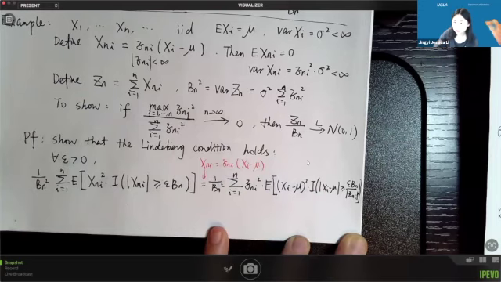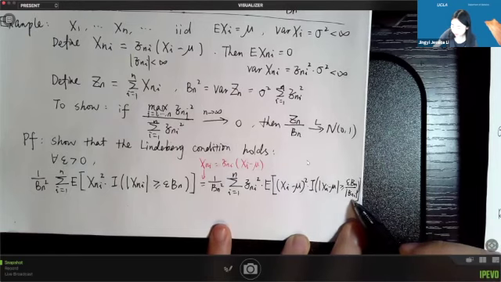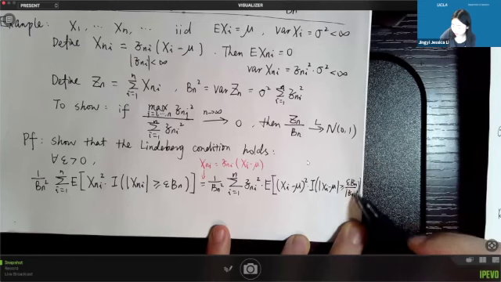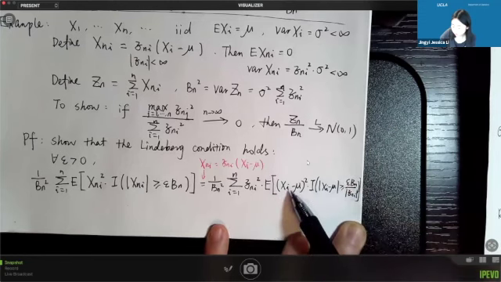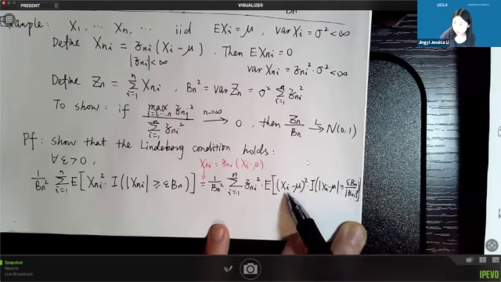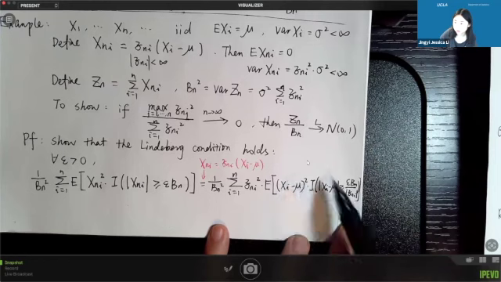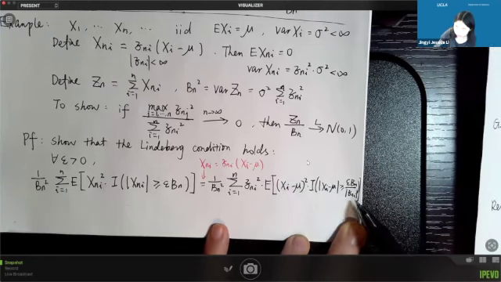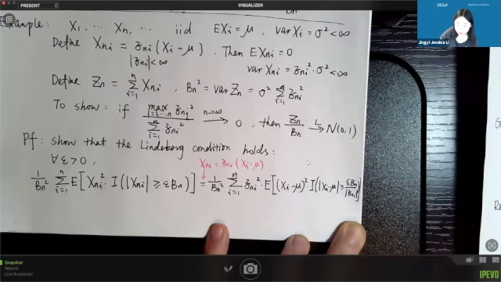So you see what is actually holding me back is that inside the indicator function, I have the z_ni. This term has something to do with i, and I need to get this away. If this term doesn't involve i, then I only have (X_i minus mu) squared times the indicator that the absolute value of X_i minus mu is greater than or equal to some constant. Then I can safely replace i by 1. I can get it out. So I just need to deal with this term. And for this term, luckily, I do have something to use.